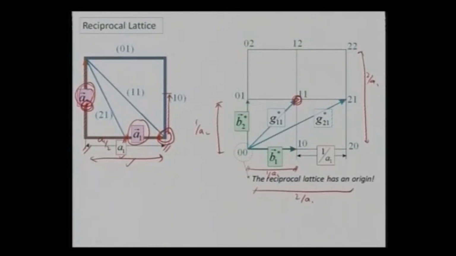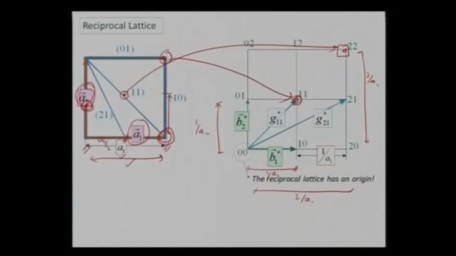So if I had some 2 comma 2, any point 2 comma 2 out here will now be at this particular location. So this particular point has converted to this point. This point has now gone to this point. So that's how I construct my reciprocal lattice like this.